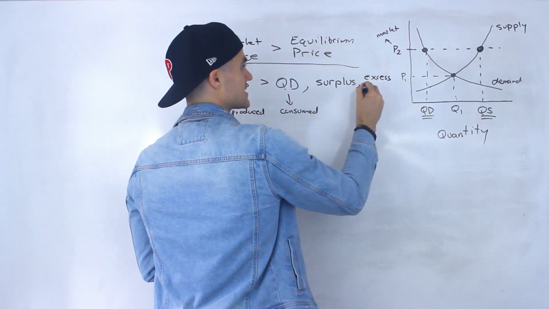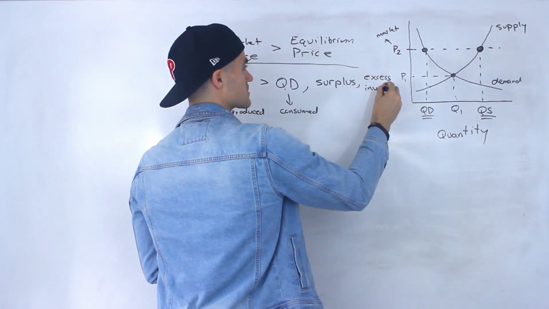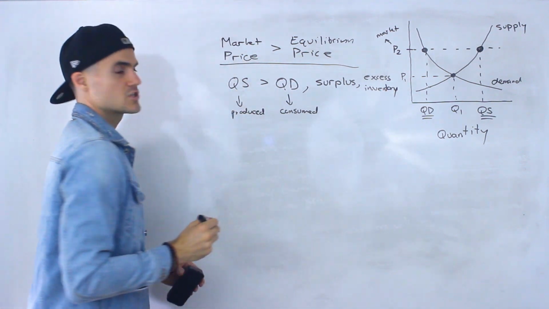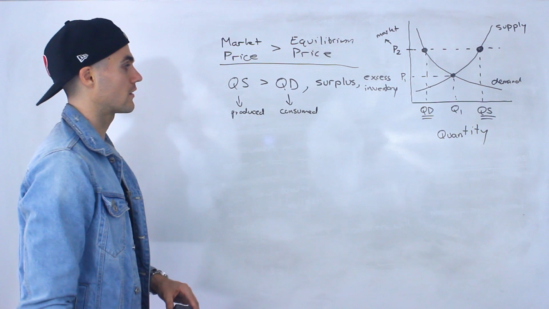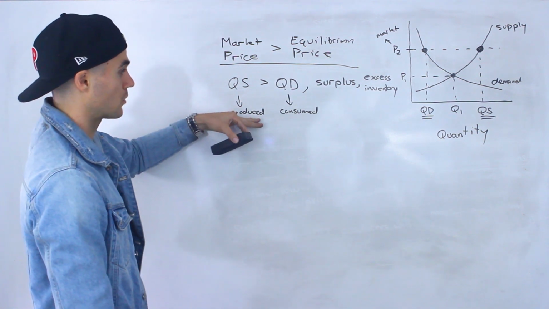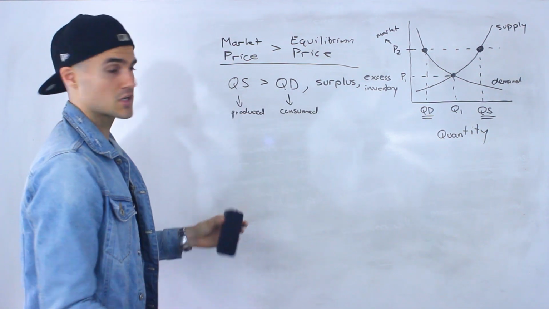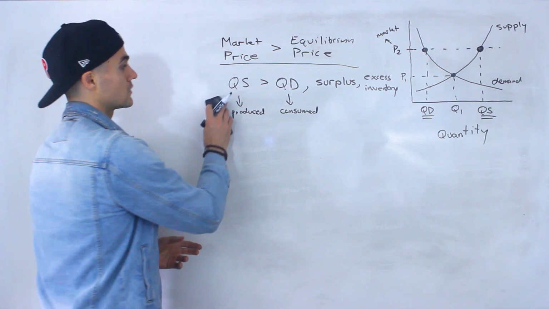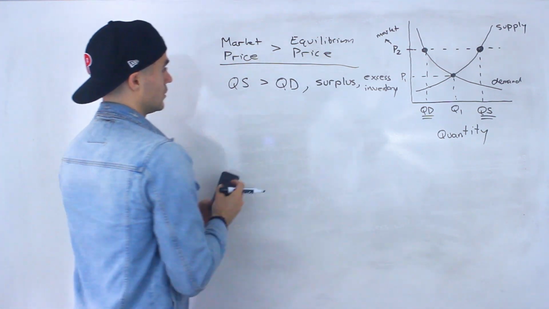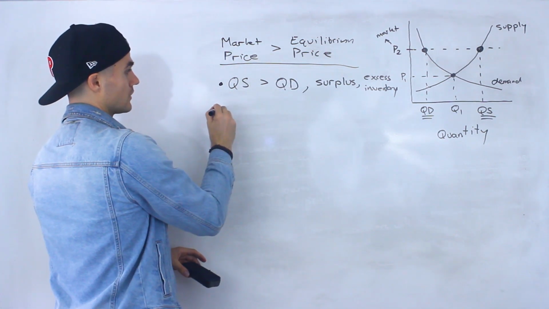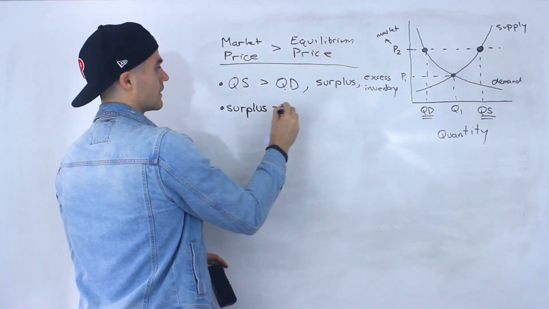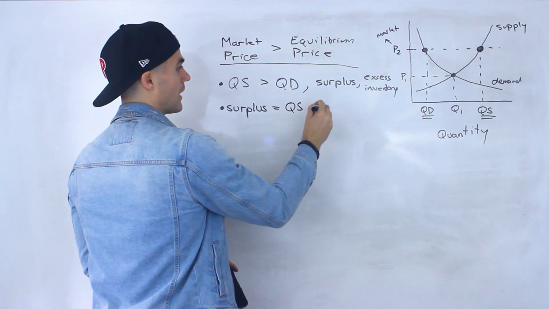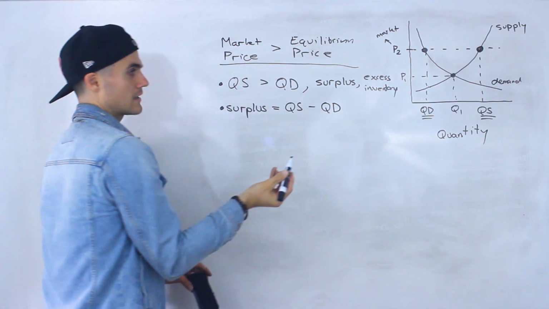There's going to be excess inventory on the producer's hands, which is not good. Producers don't want to have excess inventory. They want to sell all their inventory. But since more is produced than consumed, there's going to be that surplus. You can actually get the surplus quantitatively: it's the quantity supplied minus the quantity demanded.